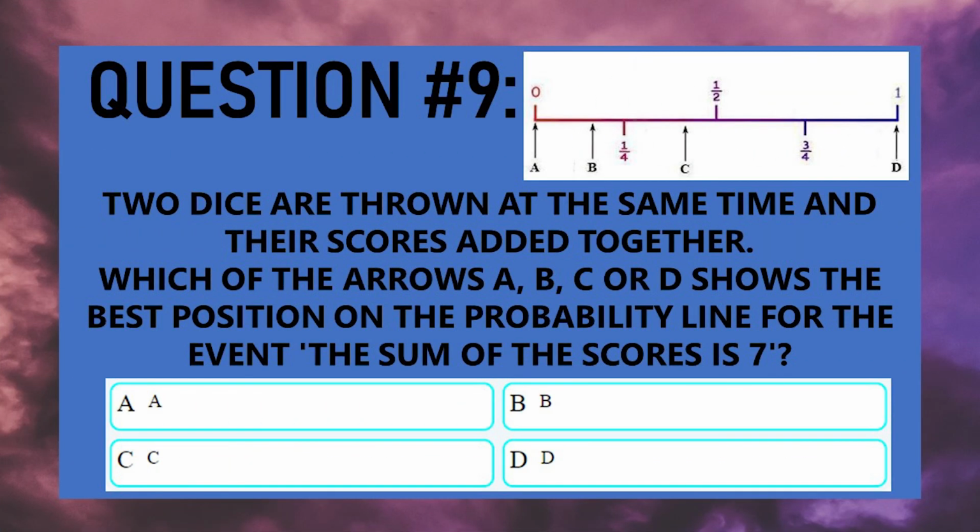Question number 9. Two dice are thrown at the same time and their scores added together. Which of the arrows A, B, C, or D shows the best position on the probability line for the event: the sum of the scores is 7?